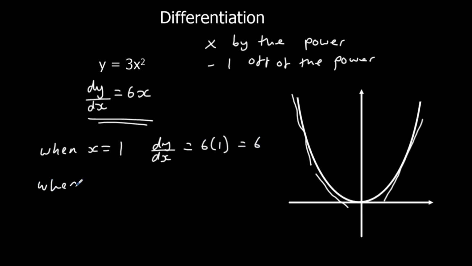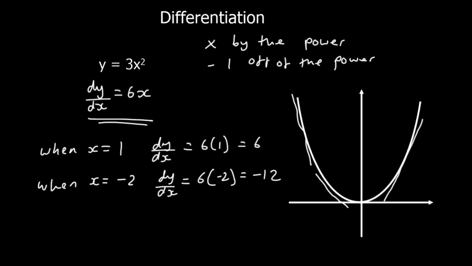When x is minus 2, dy dx, the gradient, is 6 times minus 2, which is minus 12. So you can see the gradient is changing, and it's going to be different depending on what x coordinate you put in. So you can work out the gradient of any tangent or any point along the curve by working out dy dx, by working out the gradient function. And so this is differentiation.